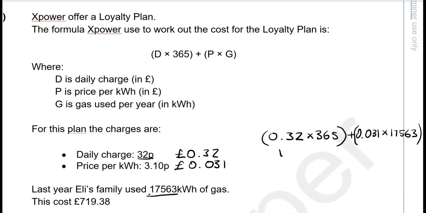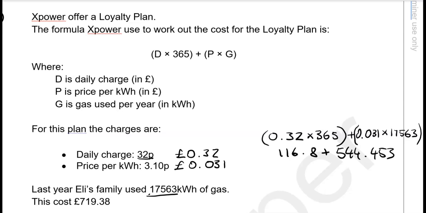So 0.32 times 365 gives us 116.8, and add to that 0.031 times 17,563, which is 544.453.